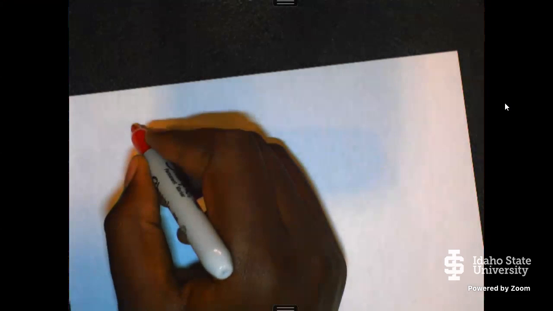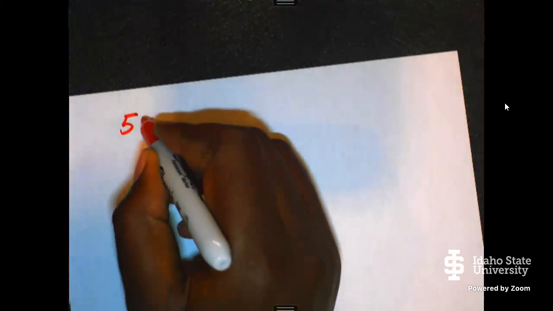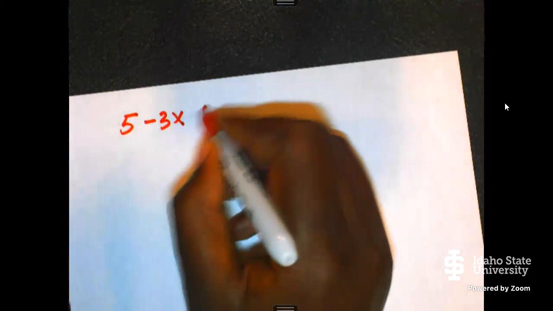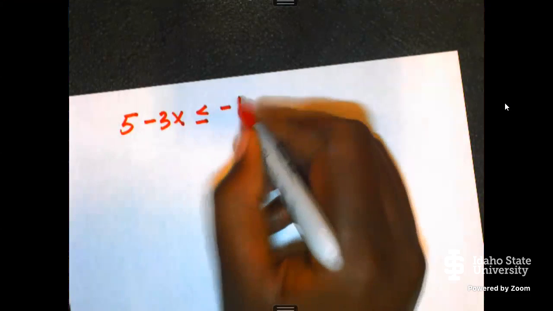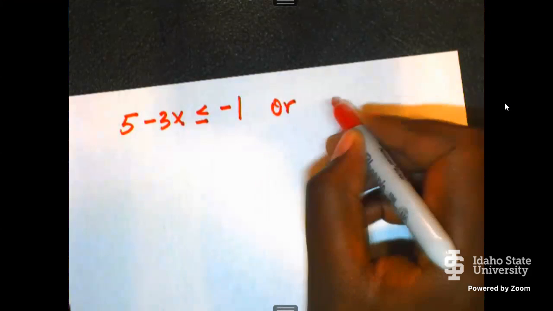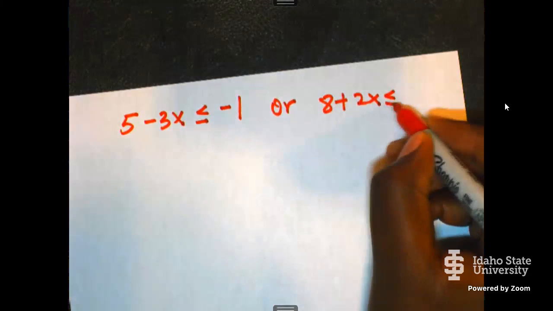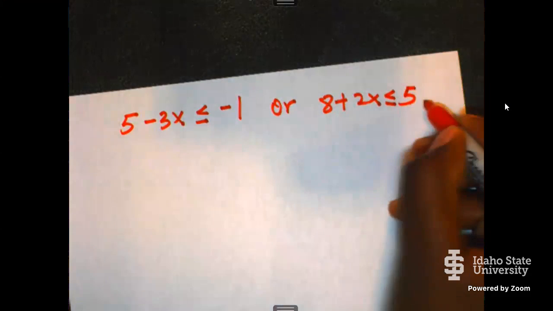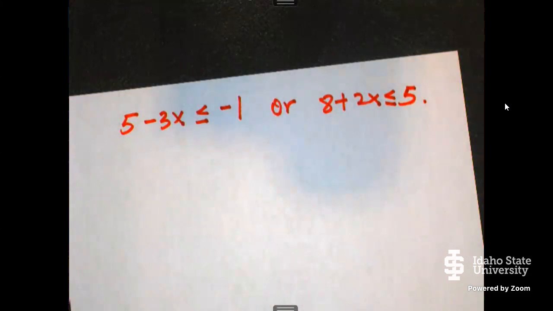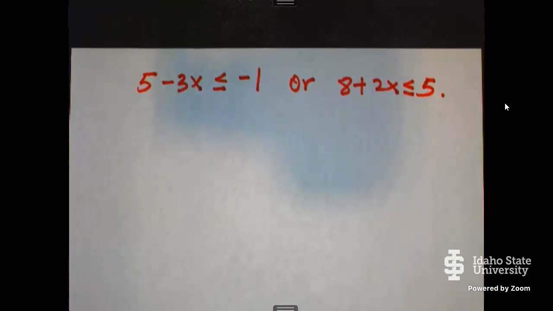So this is an example of 5 minus 3x less or equals to minus 1, or 8 plus 2x less or equals to 5. So you use the same steps to solve up to the graph.